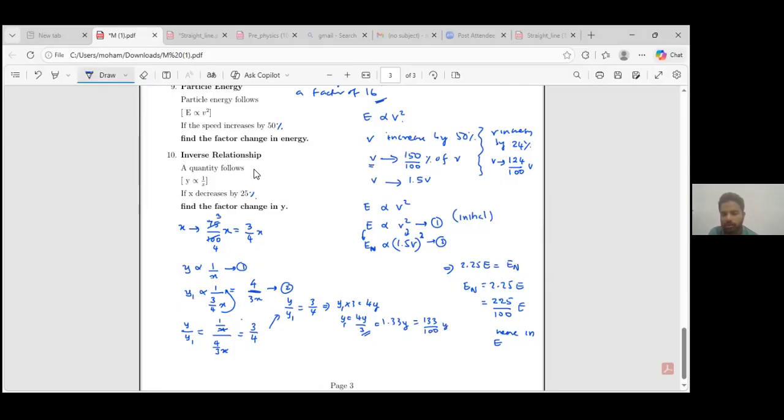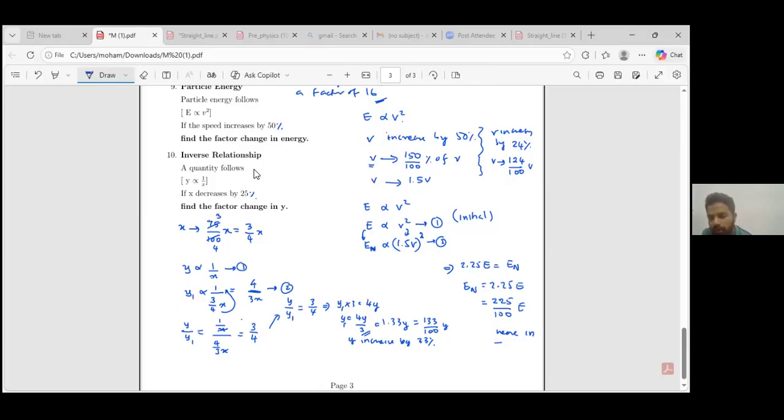So y increases by 33%. Okay, that's the idea. So you can see if you decrease x by 25%, now y becomes 4 by 3y. So if they ask what's the new value of y, you can say it's 4 by 3y.